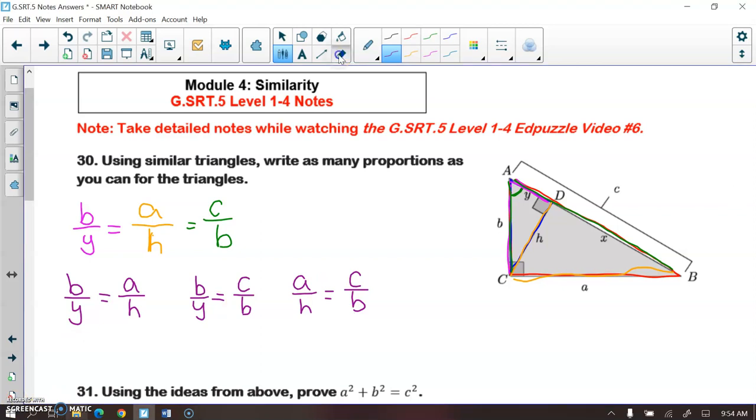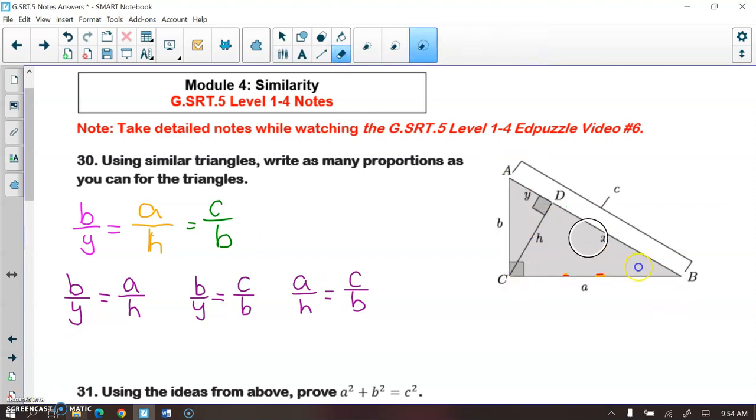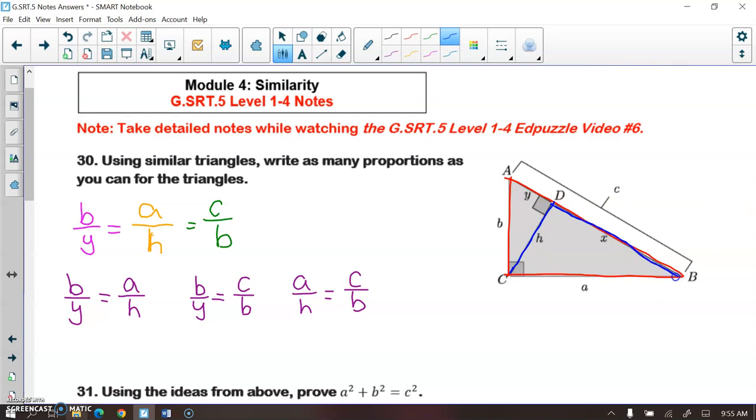Okay, so now using the big triangle again, and this triangle here, both these triangles have a right angle, and these triangles share this angle in common. So we can write some ratios based off of this.